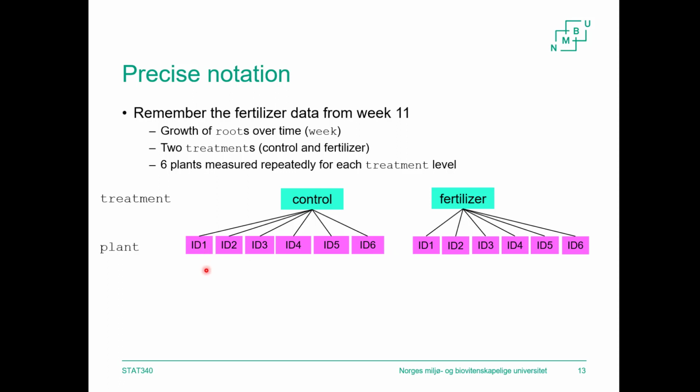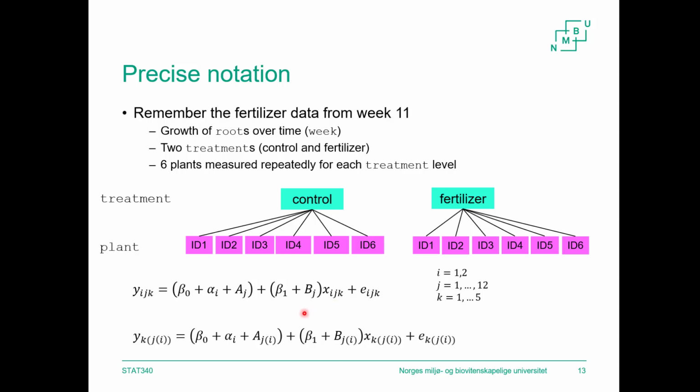So in order to get that very, very clear, you either do as we did originally here, or you do the notation carefully. This is how we did the notation last week, where we were a little bit sloppy. We had 2 treatments, 12 plants, and 5 repeated measurements on each plant, while we should actually have written it like this to be 100% correct.